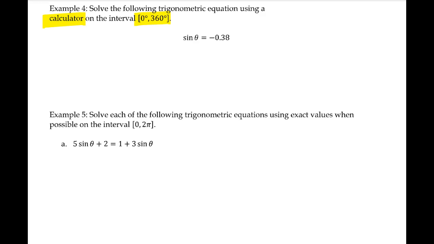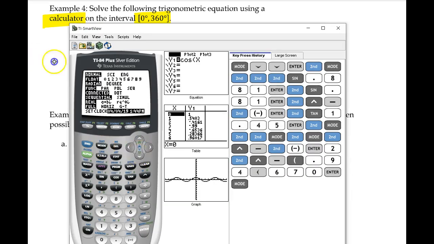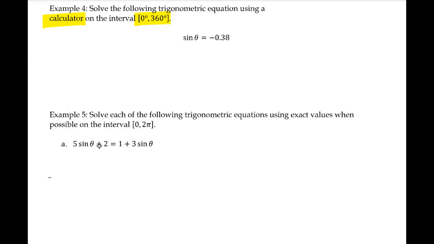So in this case, the first thing I'm going to do before I do anything else is go into my calculator. Depending on your calculator, you do this a little bit differently, but I'm going to switch it into degrees mode. Then I look back and I'm like, okay, sine is negative 0.38. Sine is negative in quadrants 3 and 4.